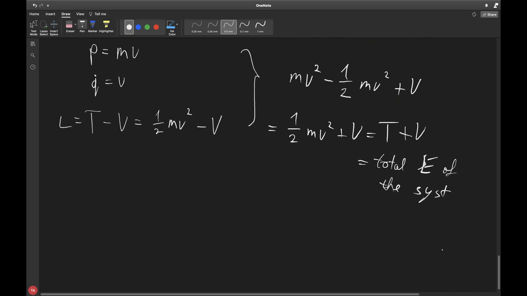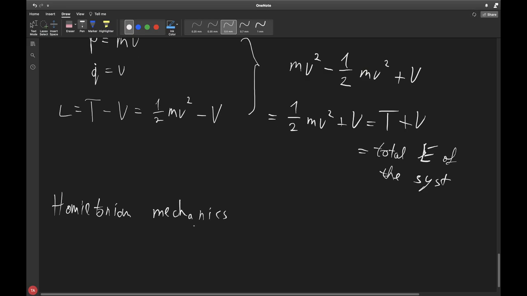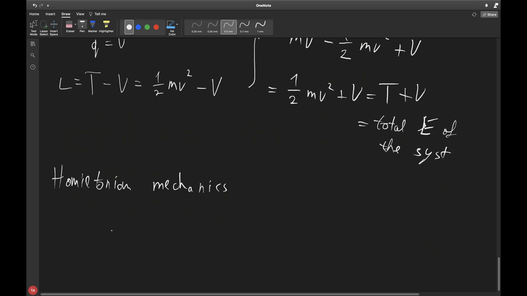And so we could actually derive equations of motion from the Hamiltonian mechanics too. Hamiltonian mechanics is using two equations. It's using that the derivative of the p vector by time is the same as the negative derivative of the Hamiltonian by the q vector.